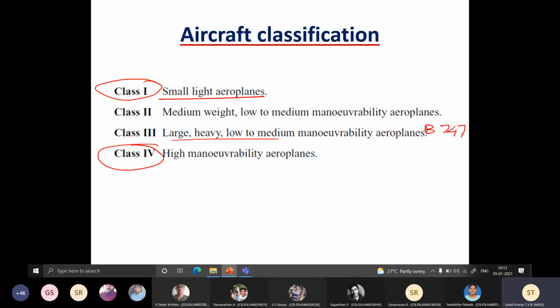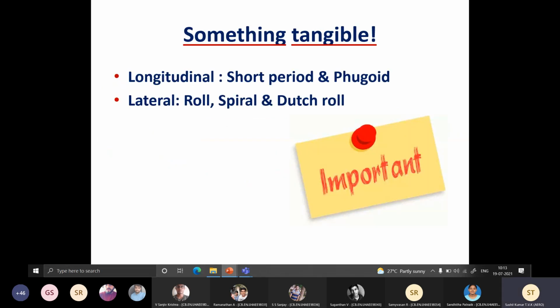In between you have class 2, and class 4 can be your F104. So depending on the aircraft, they classified it. Why this classification is required, I'll let you know later.